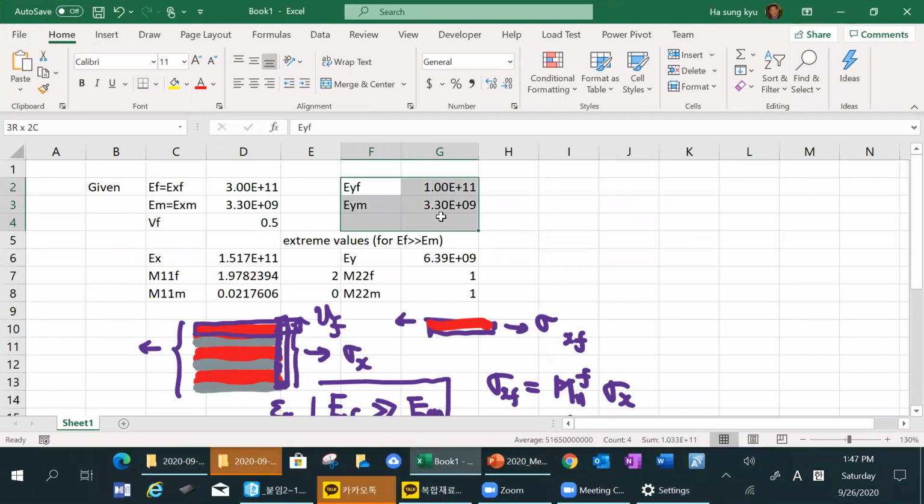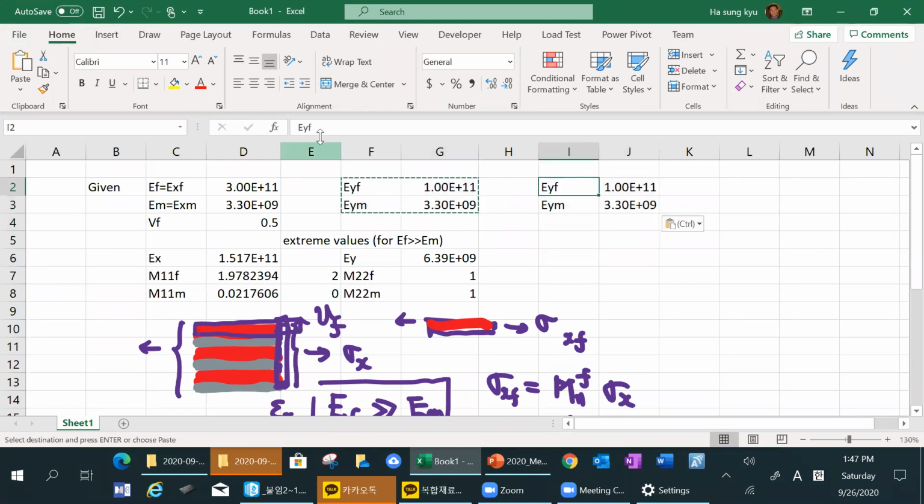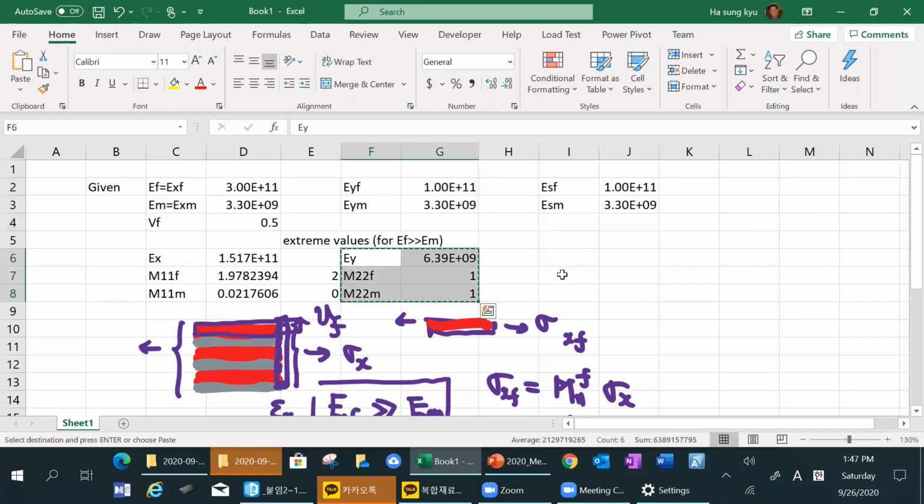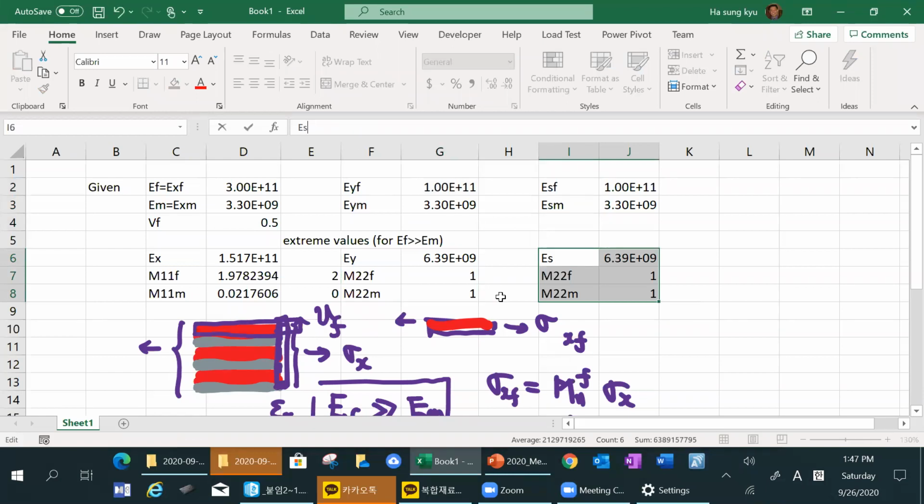I will say shear, and this one I will say shear, and this one S, and this one let's call sigma M66, and sigma M66M, right?